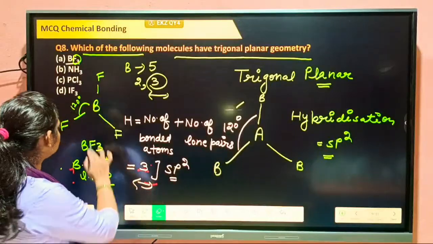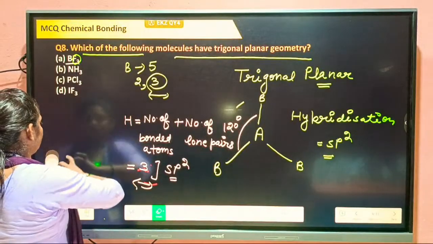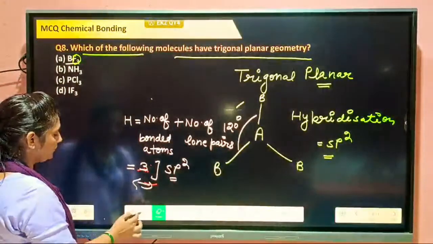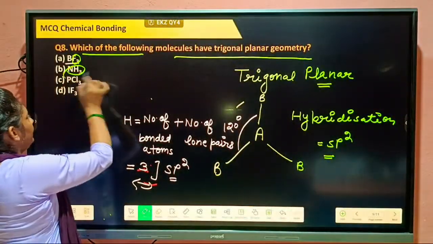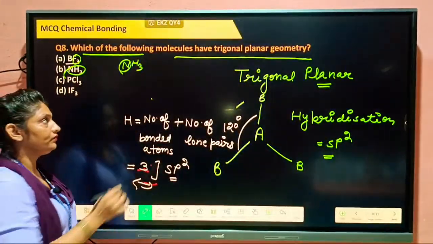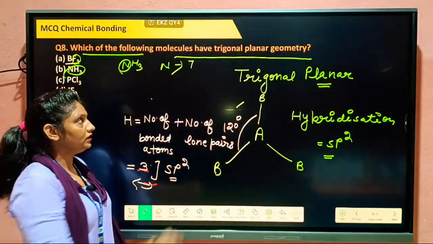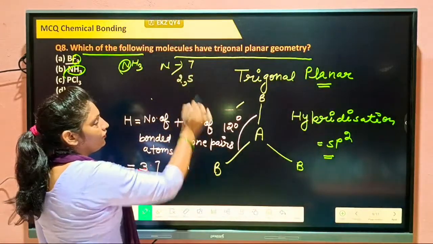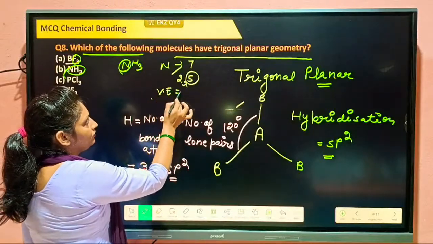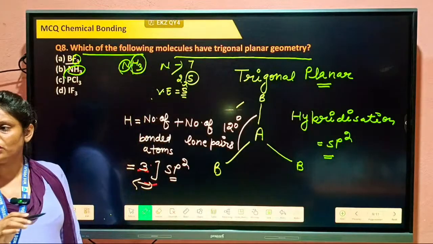You can see the other options also. This is NH3. The central atom is nitrogen, which has atomic number 7, so 2, 5. Valence electrons are 5, so it can form maximum 5 bonds. But it is forming only 3 bonds with 3 hydrogens.